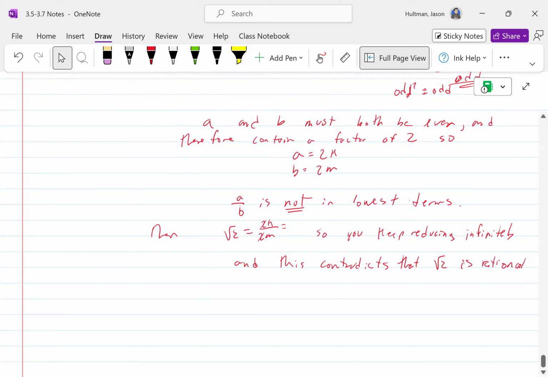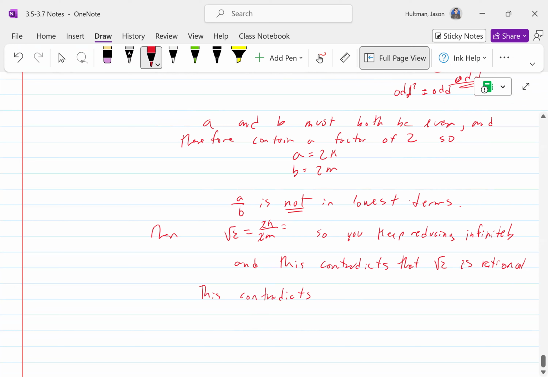So this contradicts our assumption, and therefore the original statement that radical 2 is irrational must be the case.